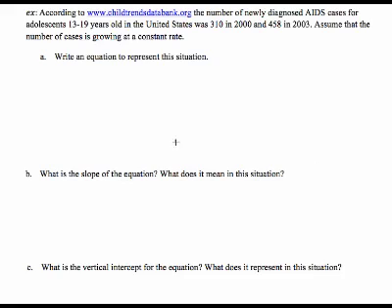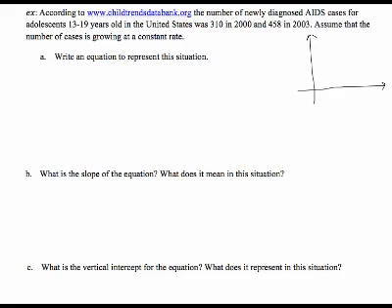So we need to define some variables here. Let's draw a little axis. Read the question over and over again, by the way, until you understand it. The number of newly diagnosed AIDS cases for adolescents was 310 in year 2000 and 458 in 2003.